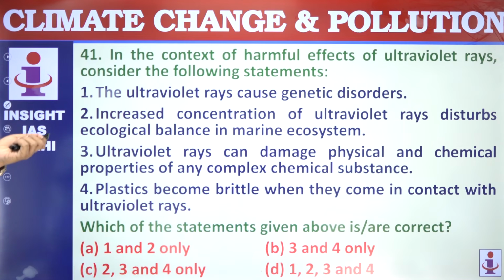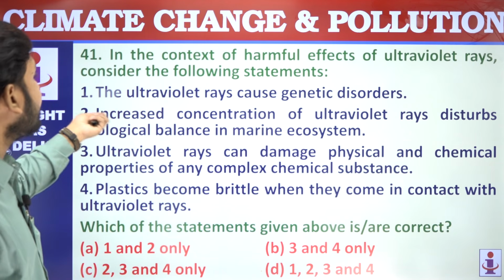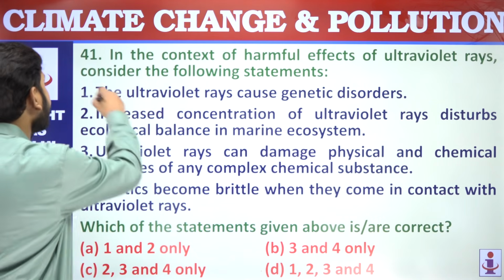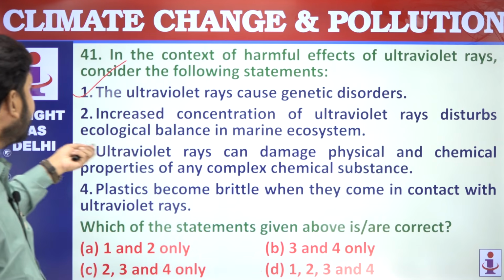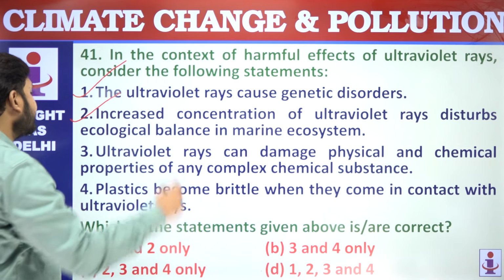Next one. In the context of harmful effects of ultraviolet rays, consider the following statements. UV rays, we have already seen, have a negative impact. The ultraviolet rays cause genetic disorders, skin cancers, all these things can occur because of this. Right statement. Increased concentration of ultraviolet rays disturbs the ecological balance in the marine ecosystem. Yes, this is also right.